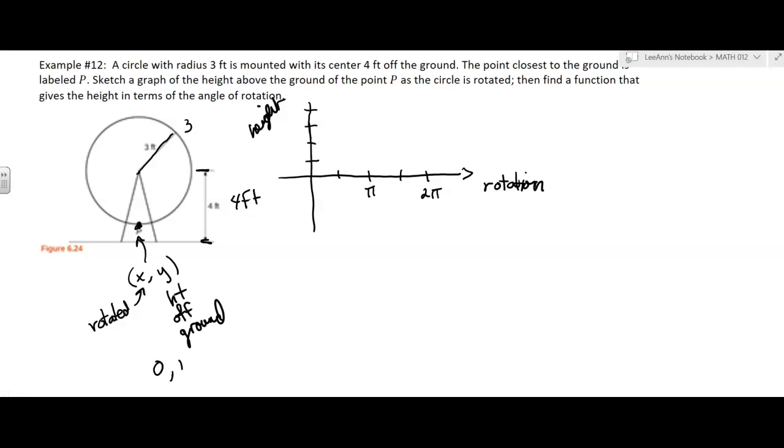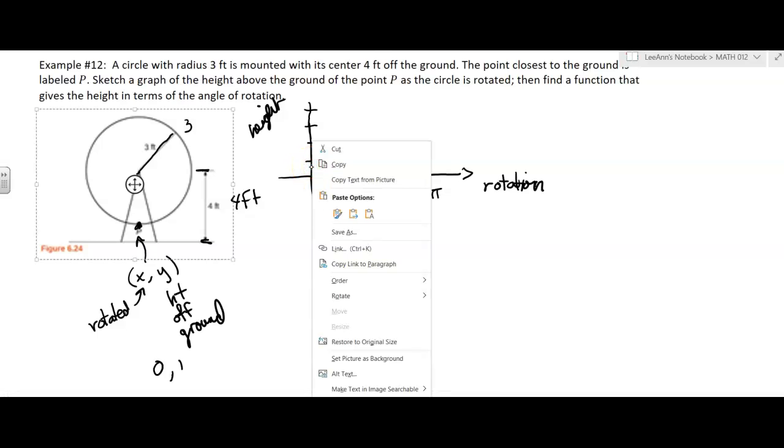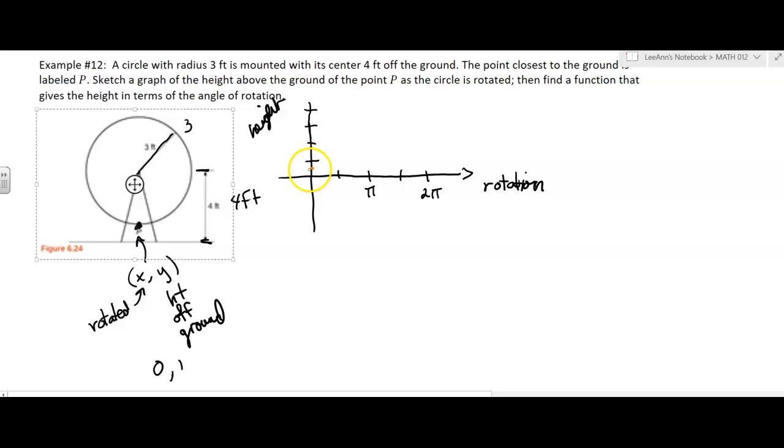This first point, 0 rotation, and it's 1 foot off the ground. There's my point right there at 1. Remember, I counted by 2s. I should label that. So this is 2, 6, like that. Now when I go a quarter of the way around the circle, I'm right here at this point.